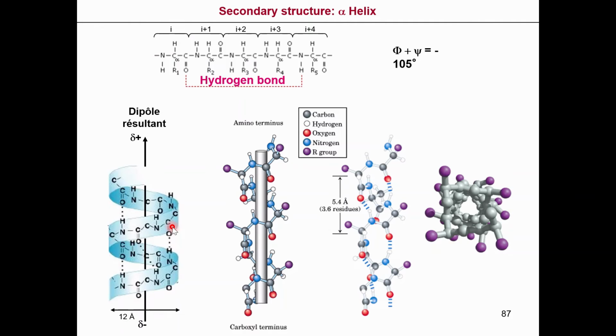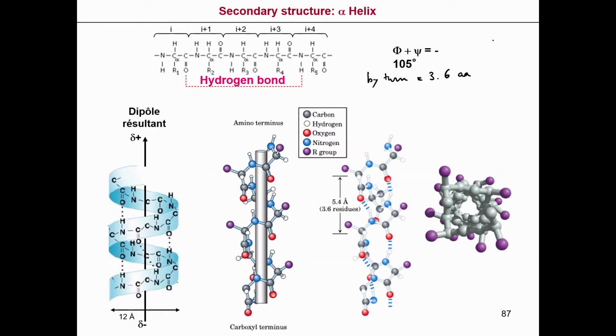First, by turn, you have 3.6 amino acids.